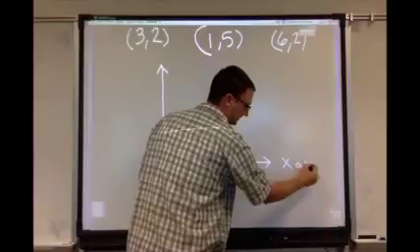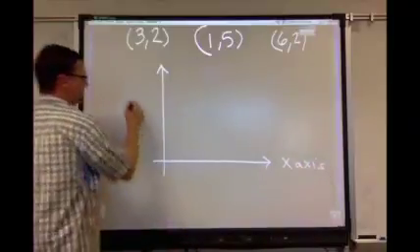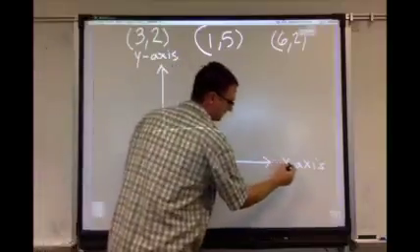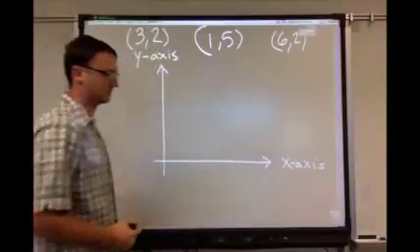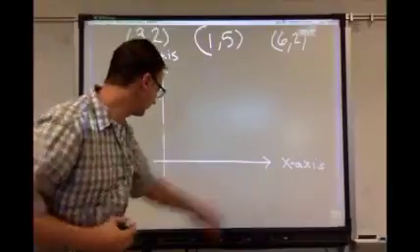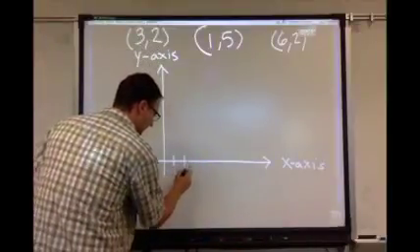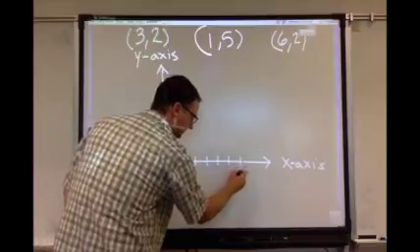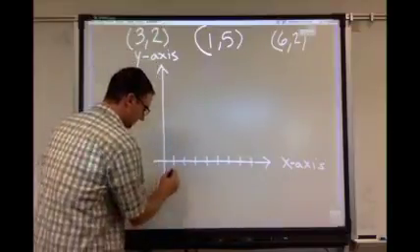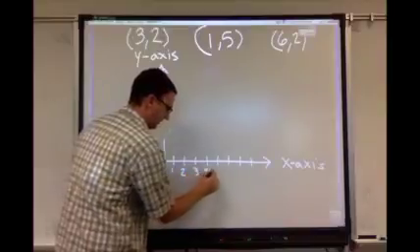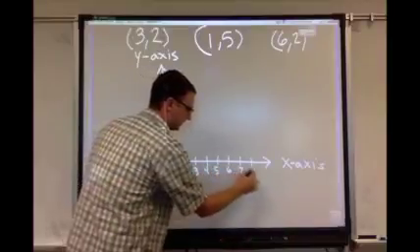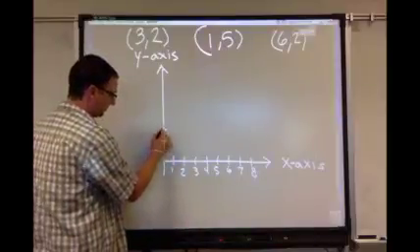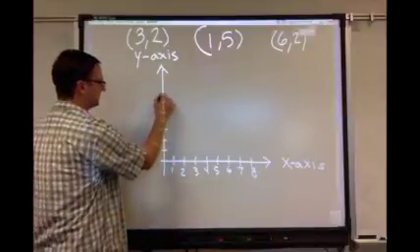This is our x-axis, and this is our y-axis. So let's say we have units on the bottom, 1, 2, 3, 4, 5, 6, 7, 8. And the vertical, 1, 2, 3, 4, 5, 6, 7, 8.